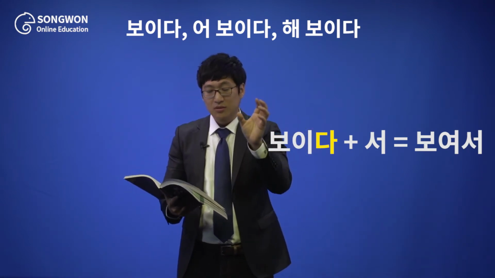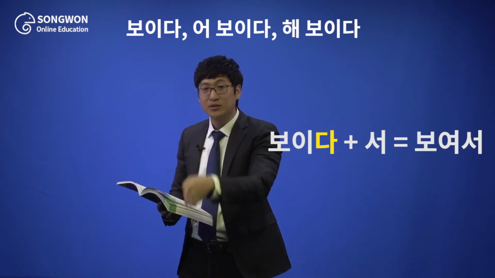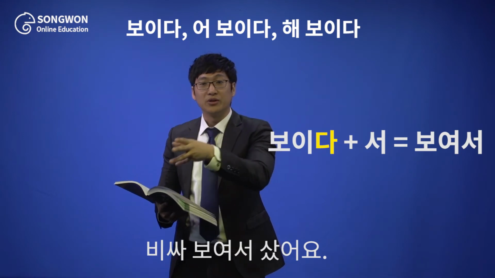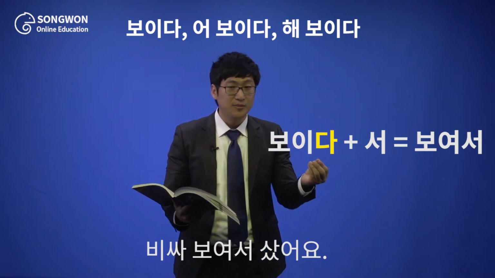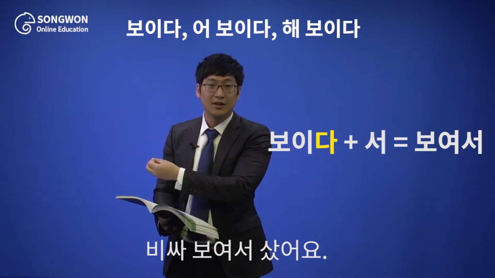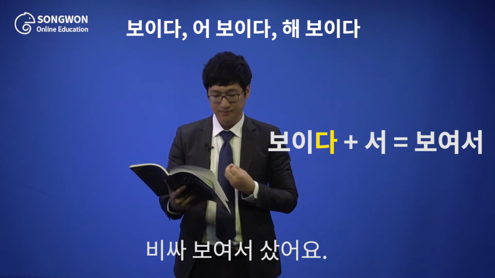So 비싸 보여서, 보이다 ends with 이, so it becomes 여. 비싸 보여서 샀어요. It looks expensive, so I bought it. 비싸 보여서 샀어요. Do you understand? Yeah.